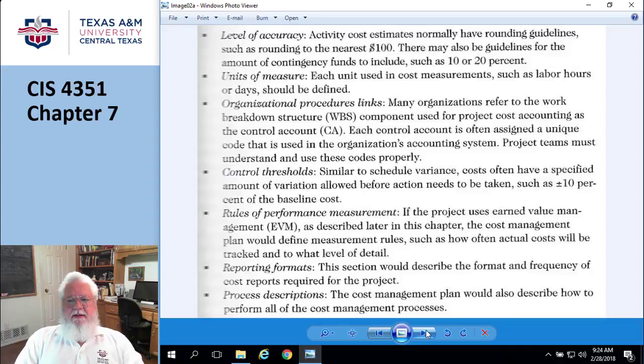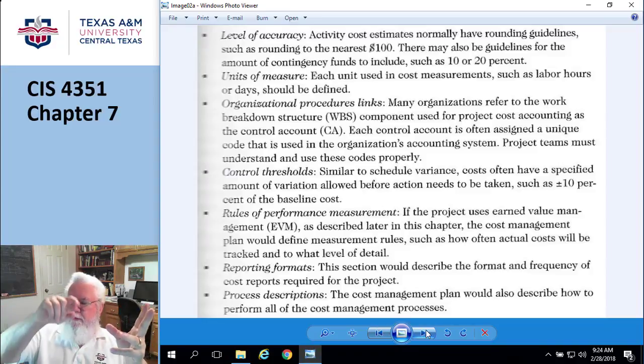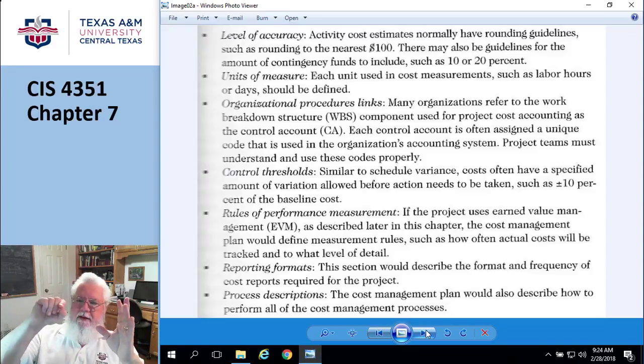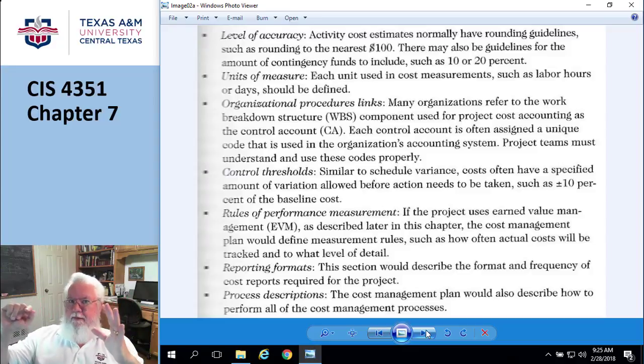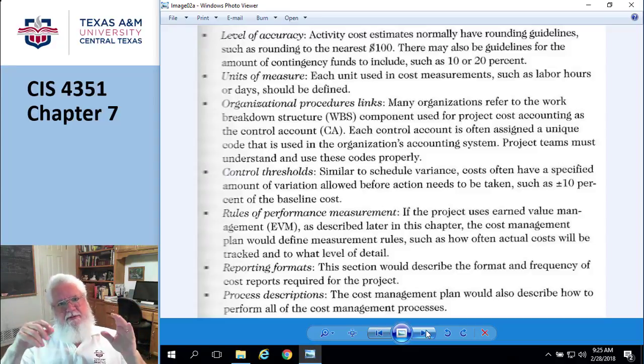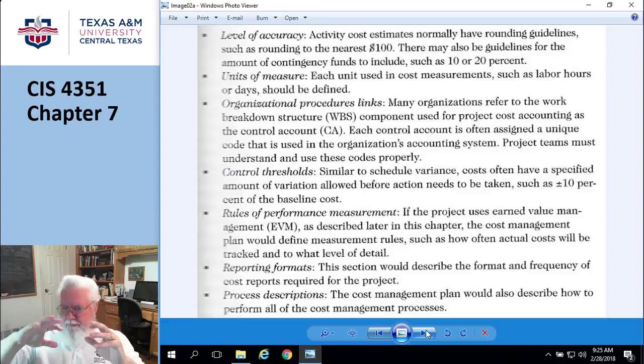One of them is the level of accuracy. Have you guys ever noticed, when you put together your taxes at the end of the year, you're not required to say, I made $60,487.12. You can leave off the 12 cents. In other words, the level of accuracy is to the nearest dollar. Yes, you can put in more, but same thing here.